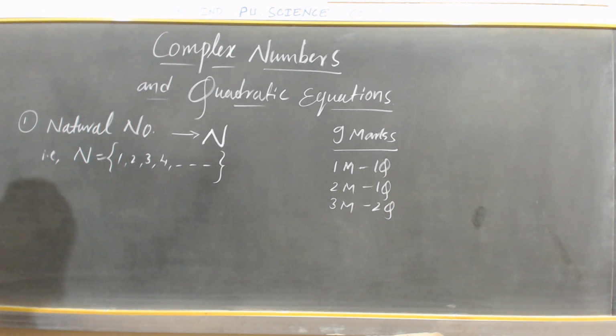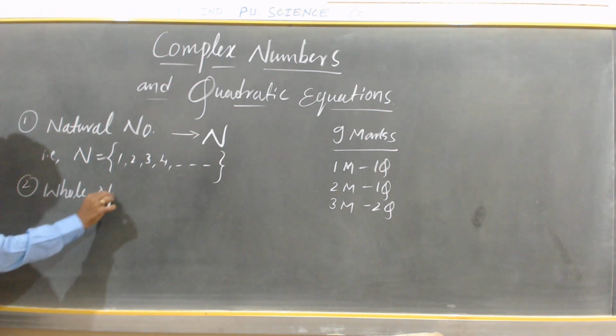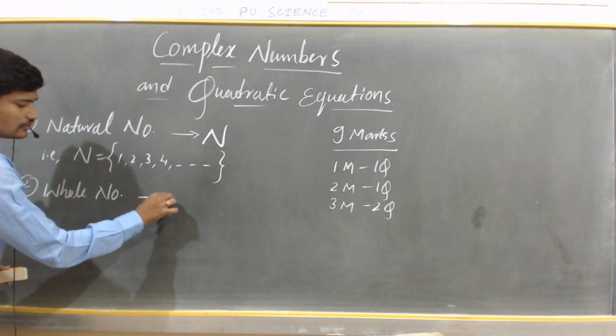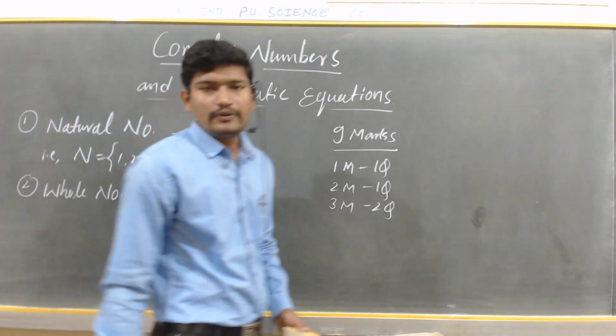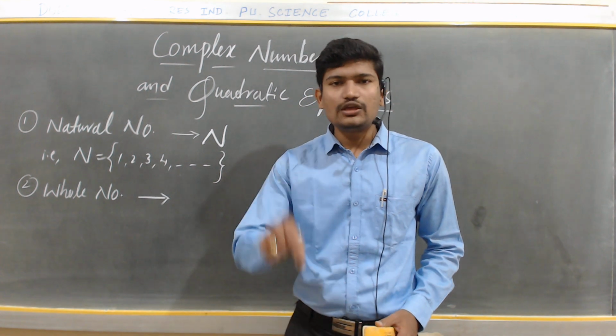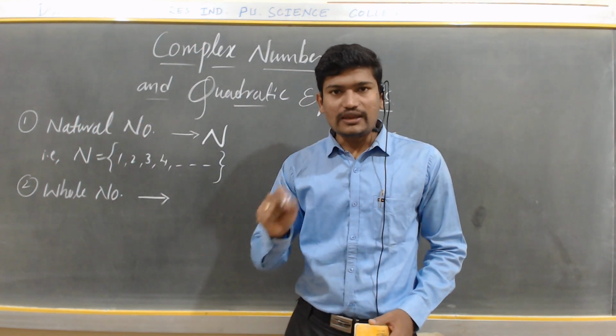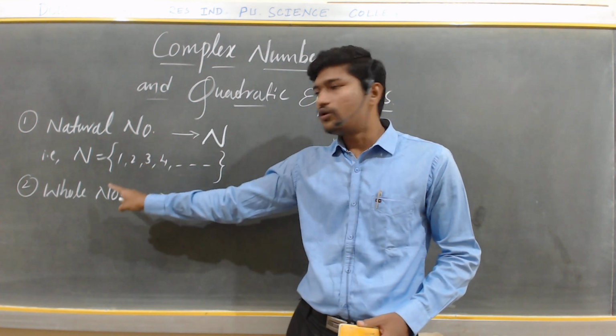Next, the second one, whole numbers. Dear students, very simple concept. Whole numbers are nothing but natural numbers with 0 added. If you add 0 to the natural numbers, then only we call it a whole number.